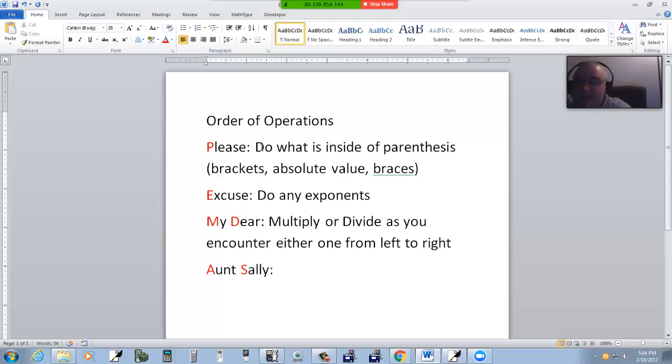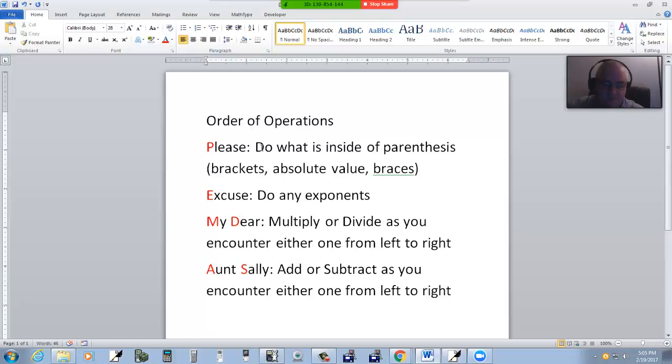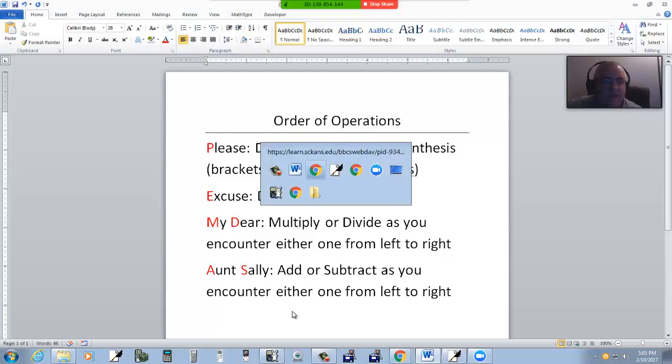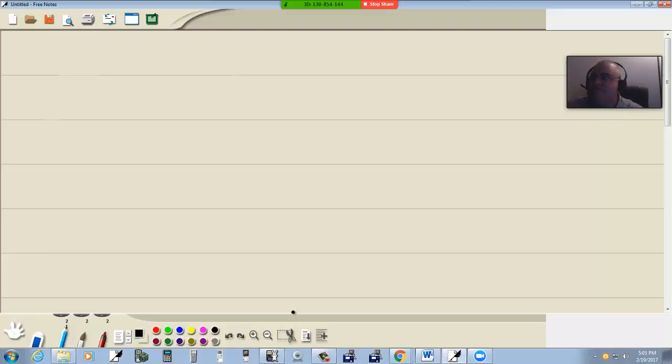And Aunt Sally, AS, you're going to add or subtract as you encounter either one from left to right. So if we take a look at a couple examples.